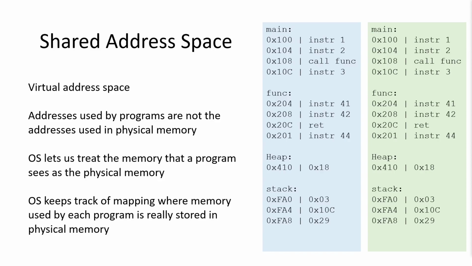Somewhere in the operating system and the memory management unit on the motherboard, we keep track of this mapping, where the memory for each program that's used is actually stored in physical memory. So like these addresses right up here in main, they've got these addresses that the programmer sees. This is what's in assembly.